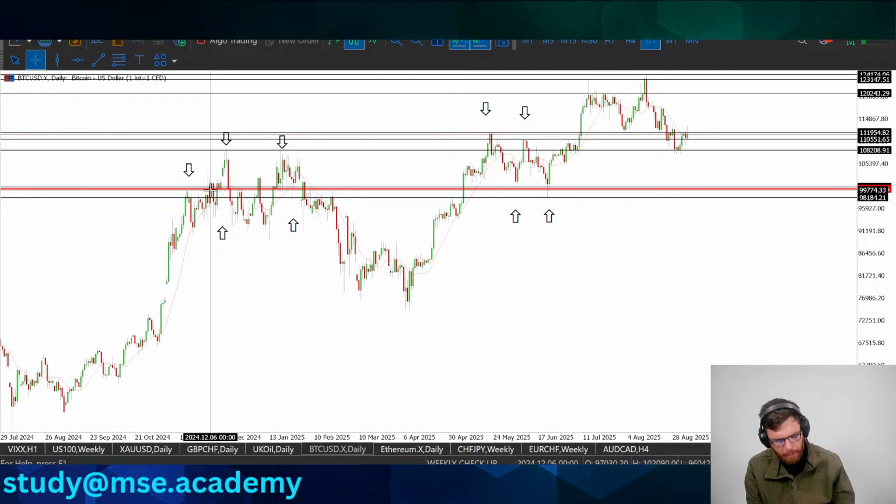I'm going to say here 100K resistance on Bitcoin, Bitcoin broken on the 6th of the 12th, 24.